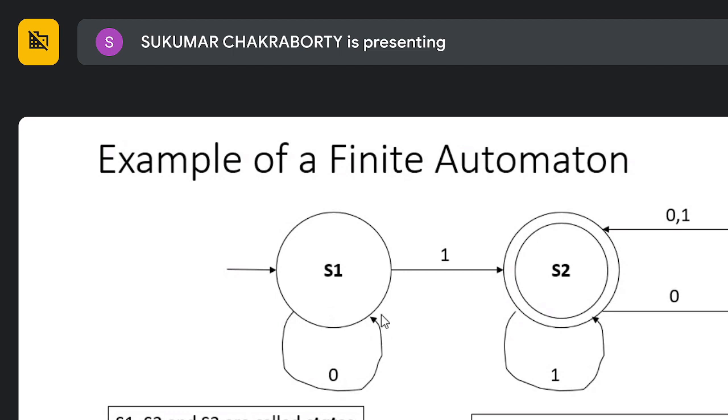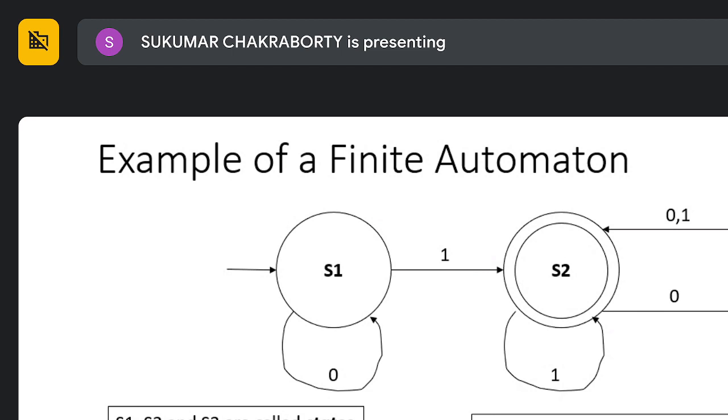And these are the transitions on 0 and 1 for every state. At S1, 0 means self transition, 1 means S1 to S2. At S2, 0 means to S3 and 1 means self transition. And at S3, 0 and 1 both mean transitions to S2.